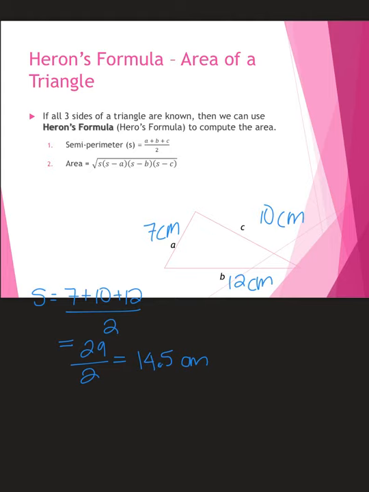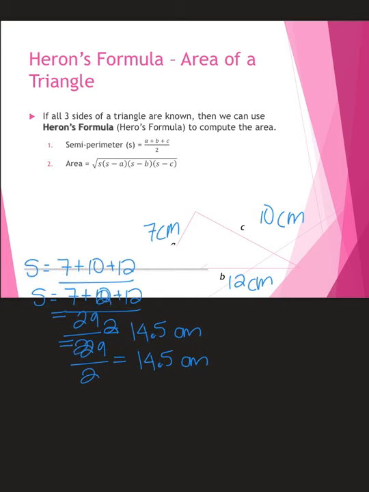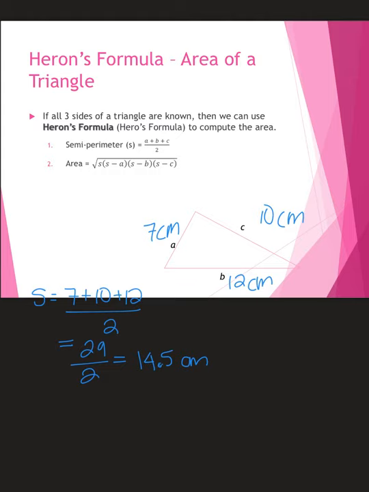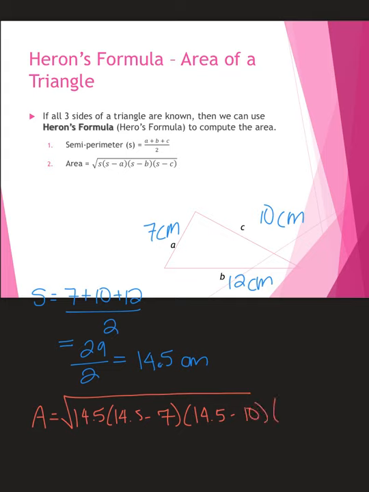Now we're going to use that to find the area. So for the area, we'll do the square root of 14.5 times 14.5 minus 7 times 14.5 minus 10 times 14.5 minus 12.